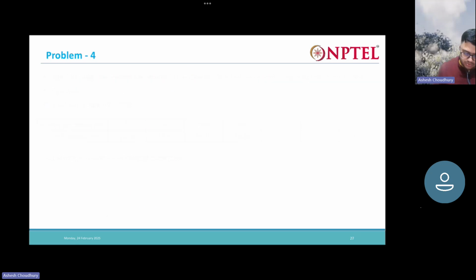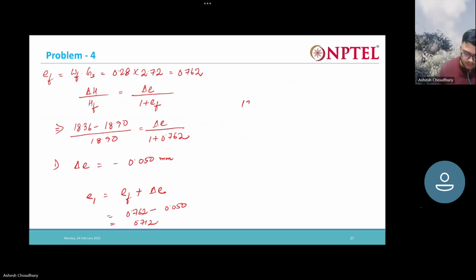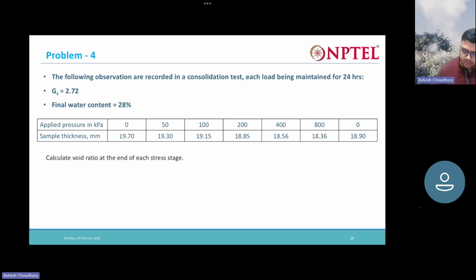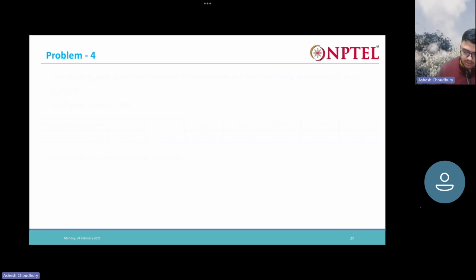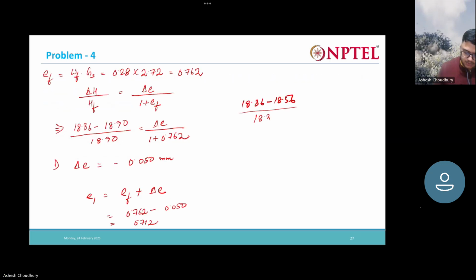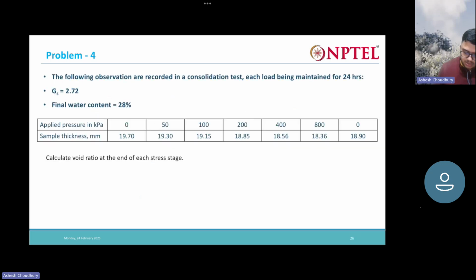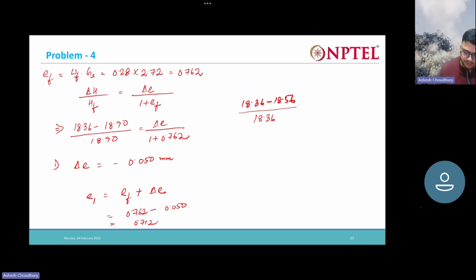Similarly, again, if you do this with 18.36, we're just using this relation to find it out, just for two pairs.